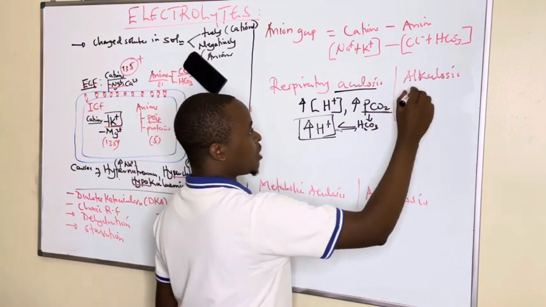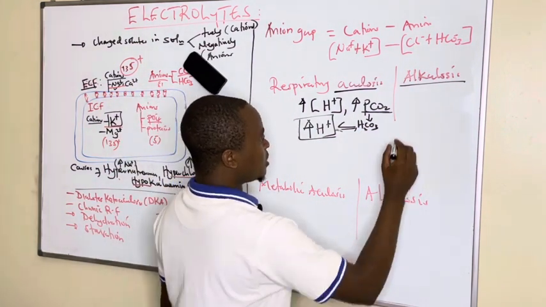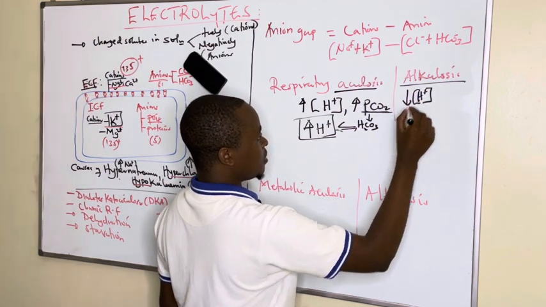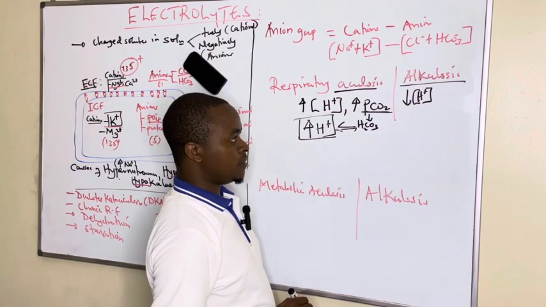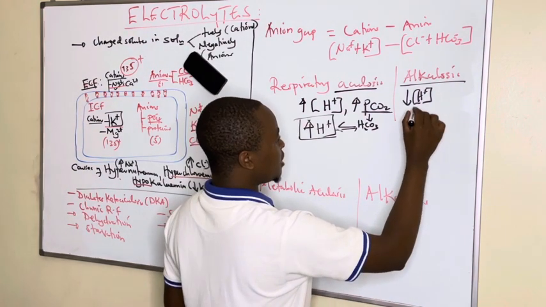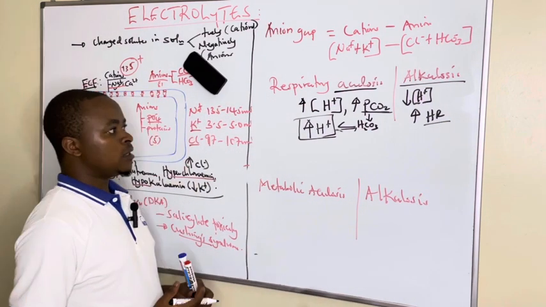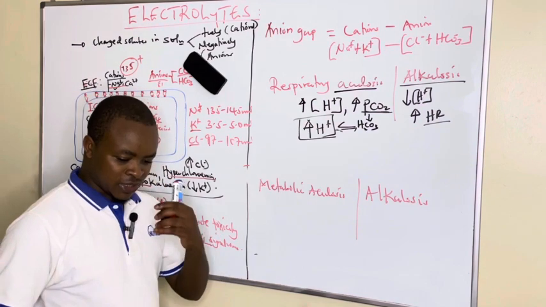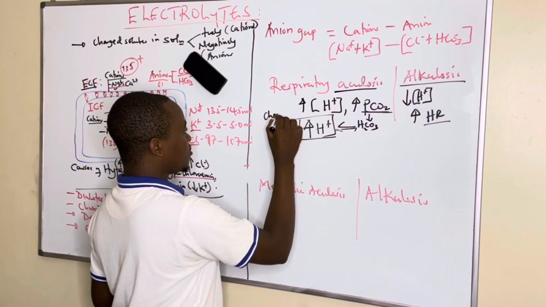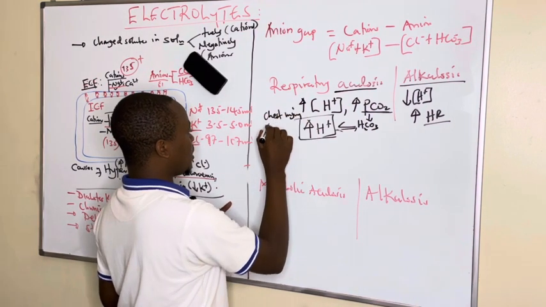Whereas respiratory alkalosis is the opposite. Respiratory alkalosis is due to decreased concentration of hydrogen ions in the blood due to reduced partial pressures, and this one is caused by increased breathing rate. Maybe during strenuous exercise, there is increased breathing rate. But here we said like trauma to the chest, injury. We saw like asthma.